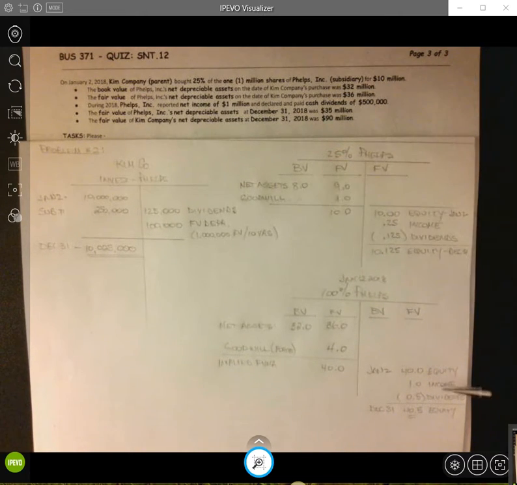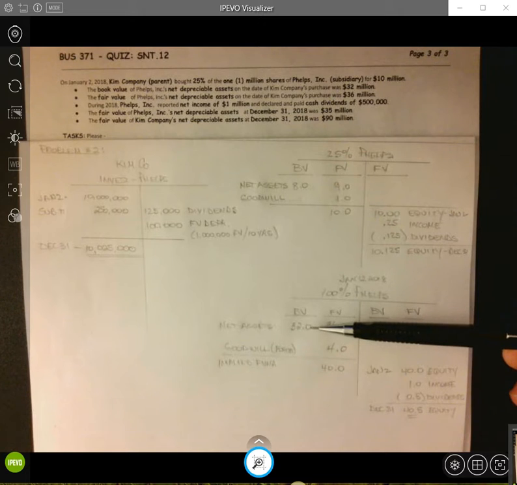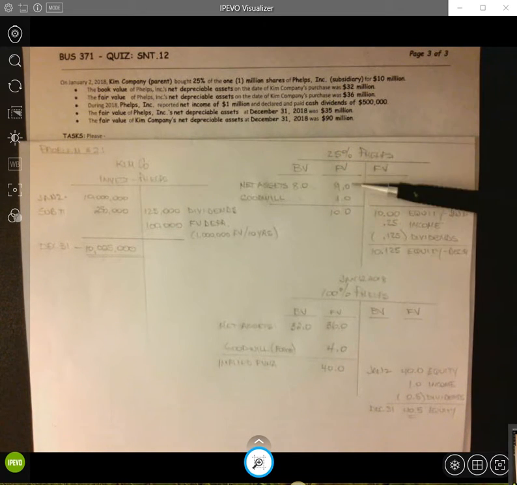When the subsidiary reports its net income, it reports its net income based on depreciating assets on its book value. The parent, however, paid more than that.